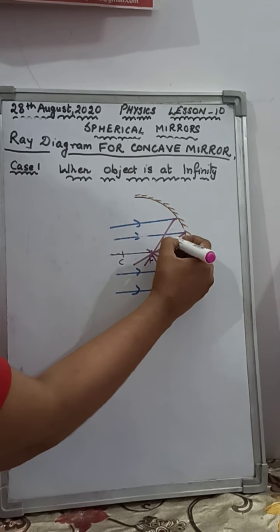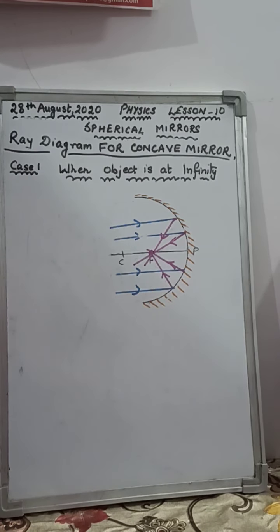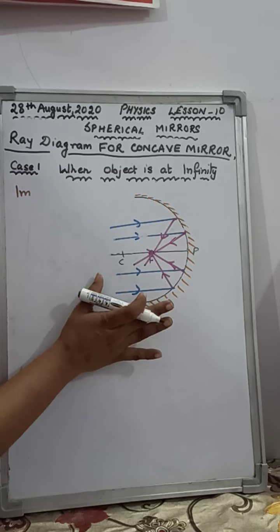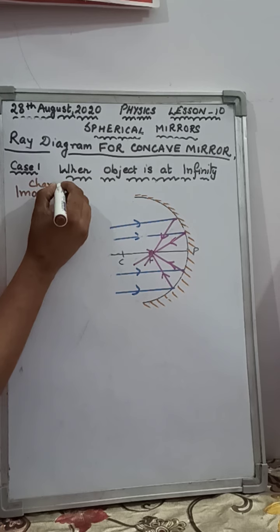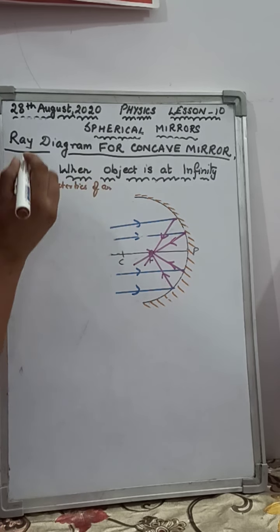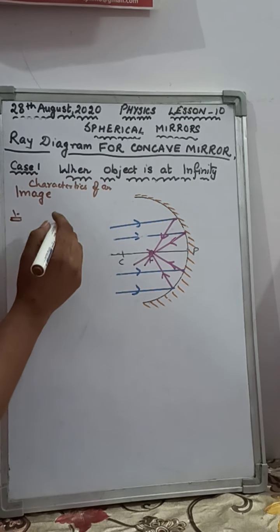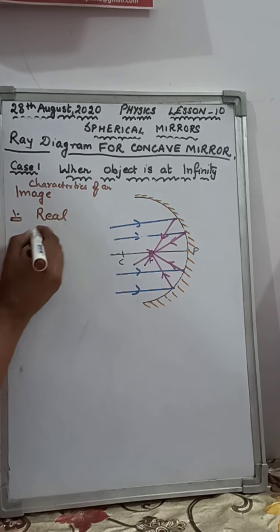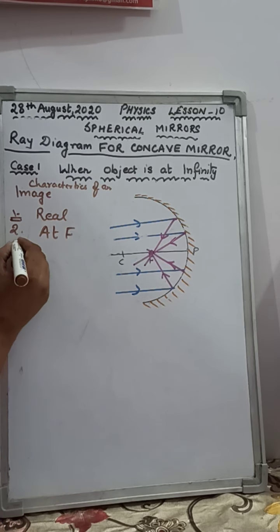You have to draw the arrow. Clear? So we will write the characteristics of the image. This is a ray diagram. Now characteristics of image. When the object is at infinity, first, the rays are actually meeting. So image is real. Clear? Where is it meeting? At focus.